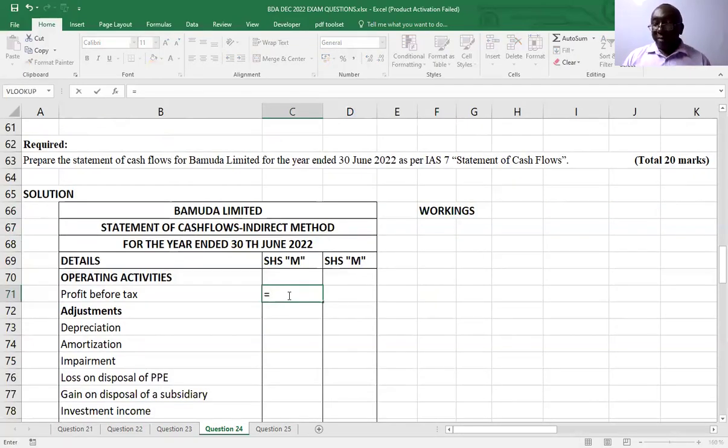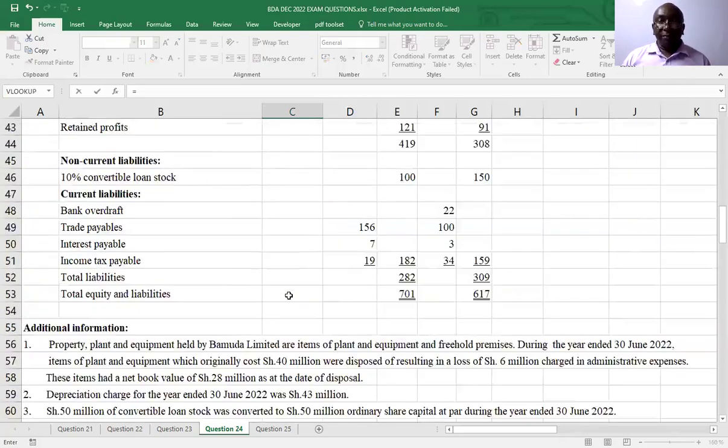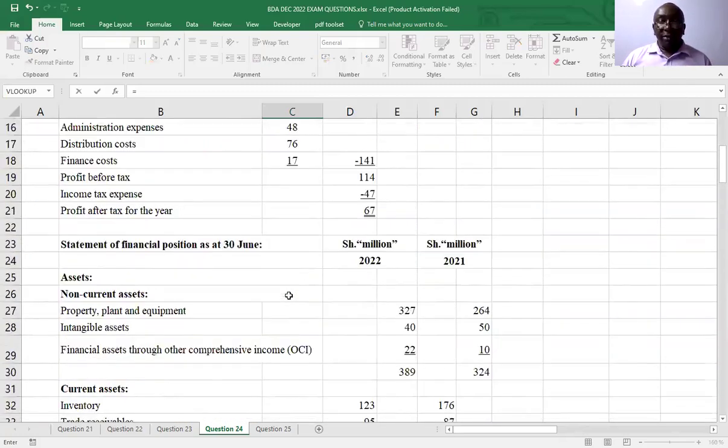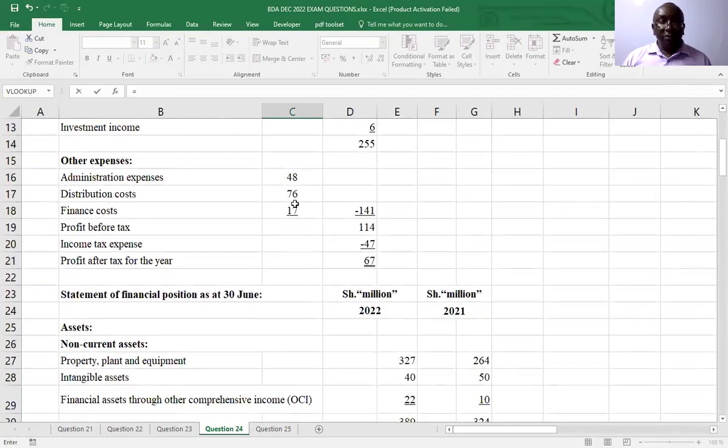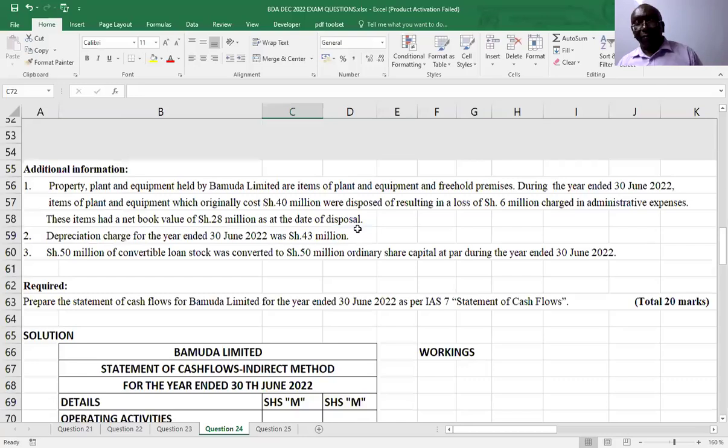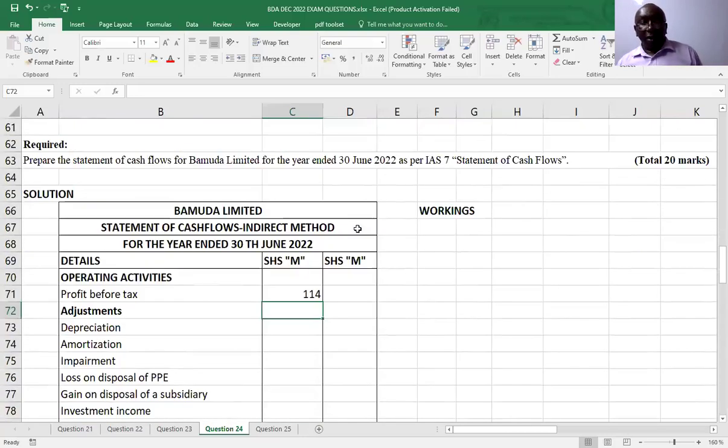Then we go to the income statement up there, and now you take the profit before tax. So you begin there. When you begin there, you now start looking for these adjustments.